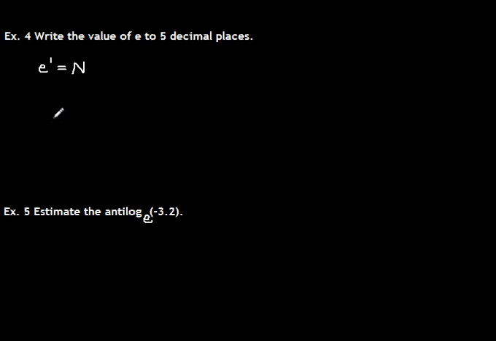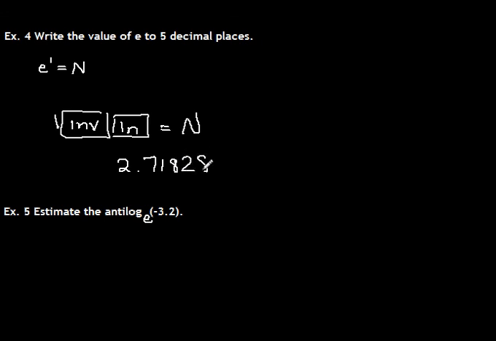This one would actually be 1, because that's your exponent, inverse natural log, because your base is e, would give you n. And that will give you the same answer. You would get e equals 2.71828.